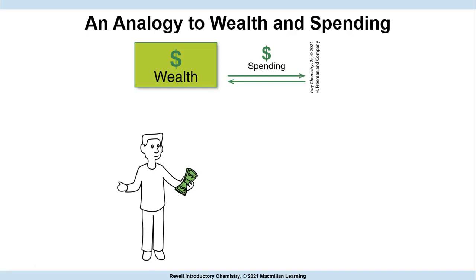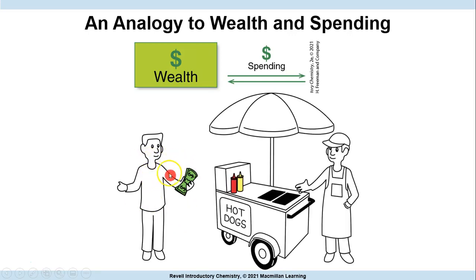So for example, you have money, you have wealth, which is in terms of dollars. So you can spend that money to buy something. For example, here you have this guy who has money. He's going to spend his money by buying a hot dog and a soda.